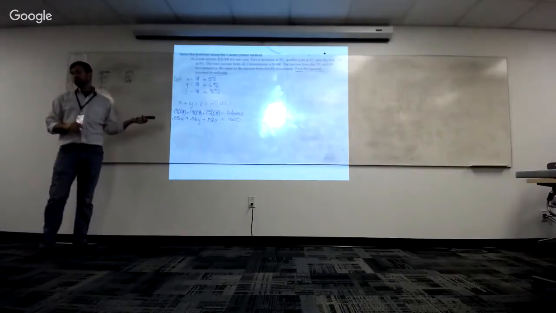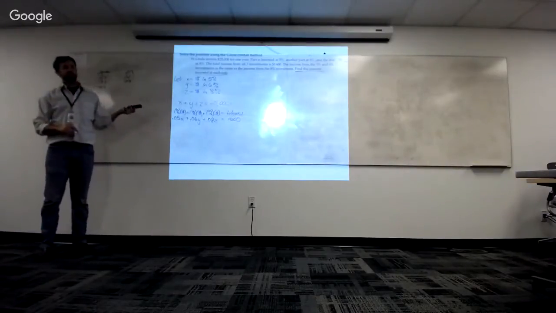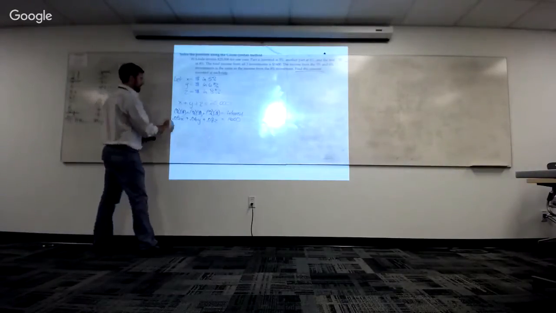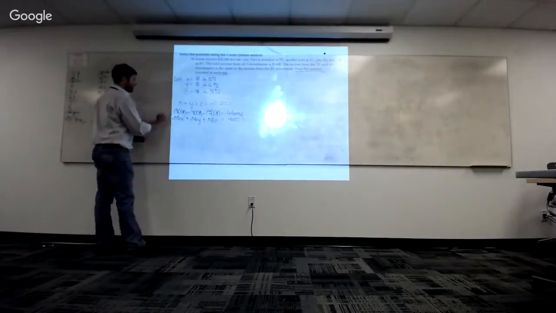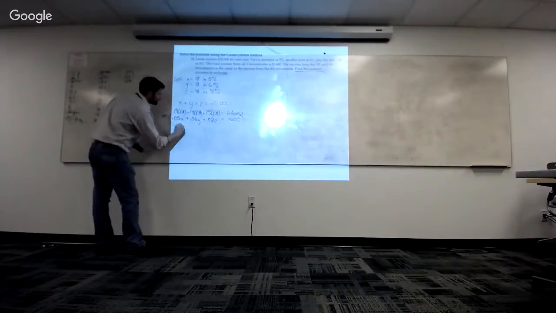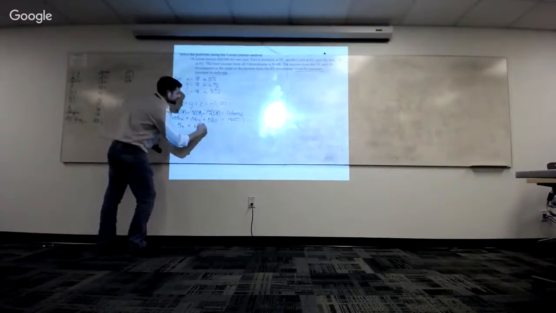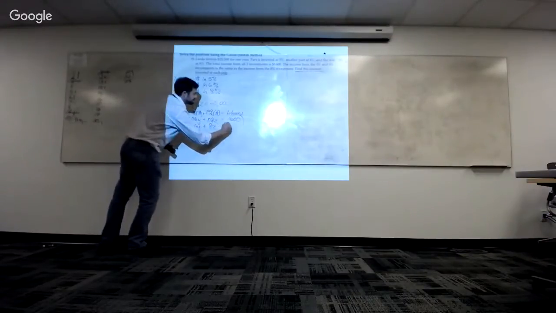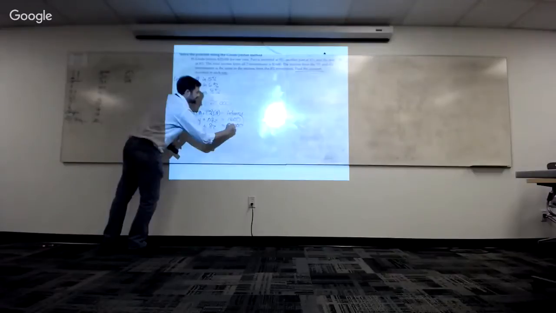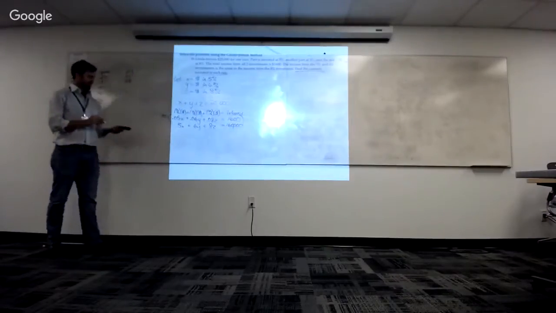So that's our second equation, but nobody likes the decimals, so what do? Multiply it all by 100 so that you get rid of the decimals. Now we just have 5x plus 6y plus 8z equals 160,000. So there's our second equation.